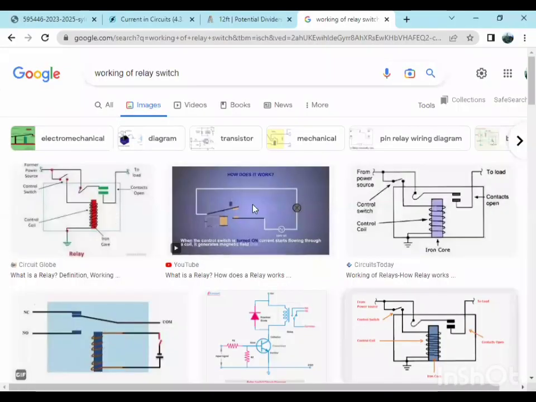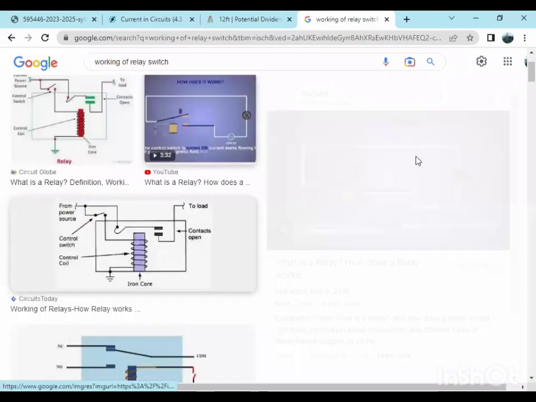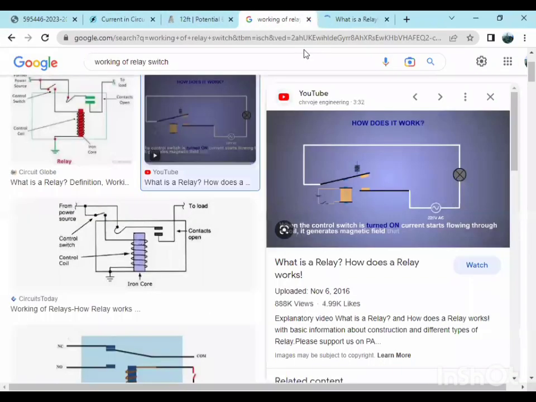Right, so this is how it's working basically. This is the idea.